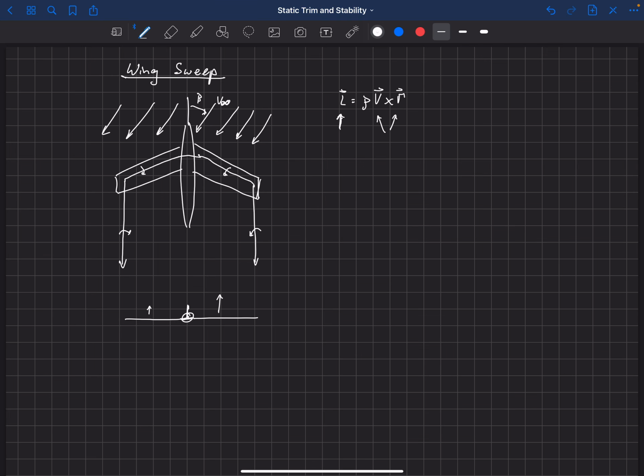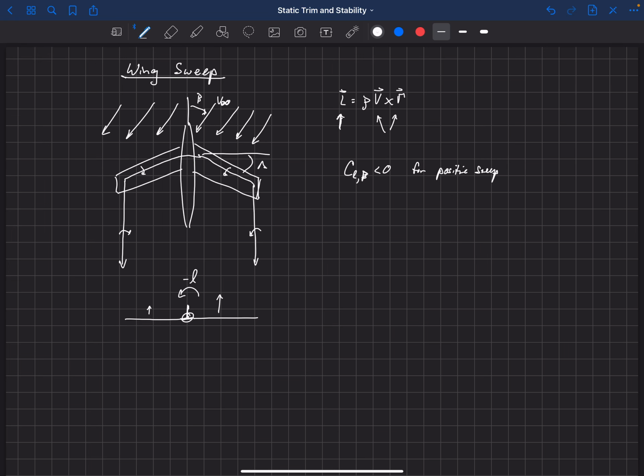And so because of that, we get a rolling moment. This is actually a negative rolling moment that is produced due to positive beta and positive side slip. Okay, so C_L beta here is less than 0 for positive sweep.